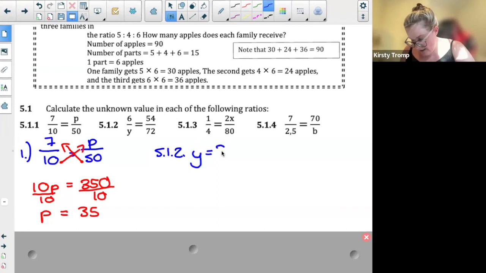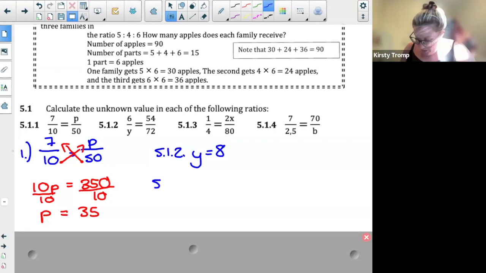Is 8, hey? Well done. So Umar did it by asking himself, 6 times what gives me 54, which was 9. So he said to himself, 72 divided by 9 gives him 8. Well done, Umar. Thank you. Bye. All right, so Umar did his the other way round. Perfectly, perfectly fine. Okay.